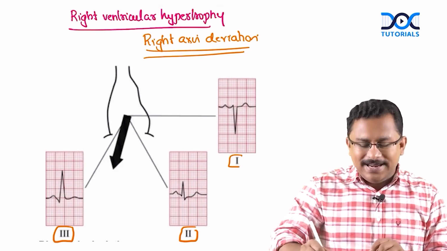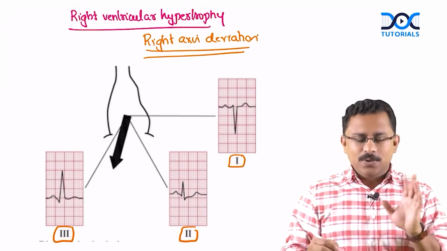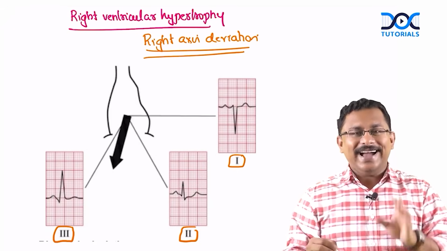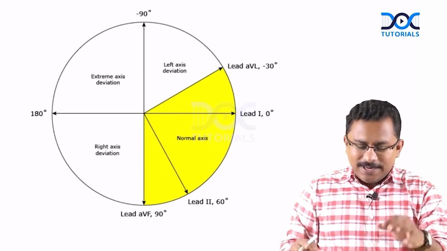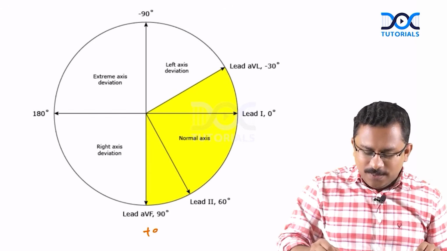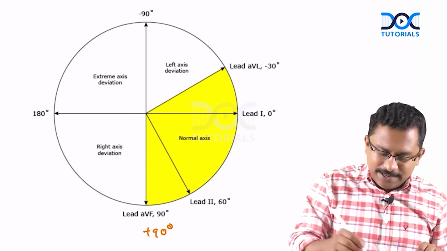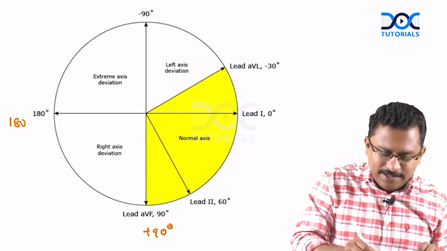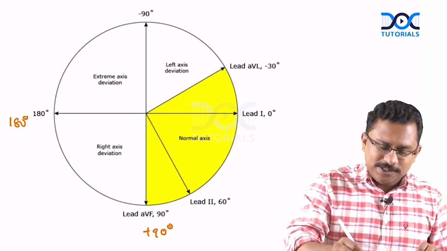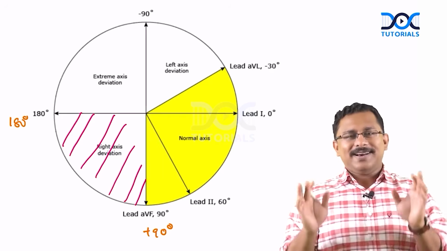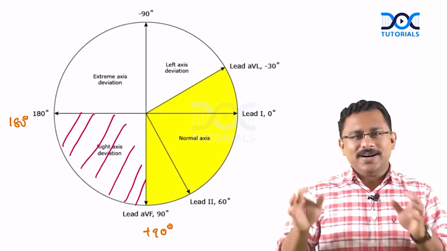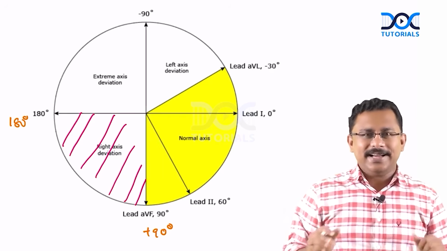And lead 1 will have a negative deflection. This is called a right axis deviation. Right axis deviation means it falls between plus 90 degree and 180 degree. This portion which I am showing in red is the region of right axis deviation. So you have understood normal axis and right axis.